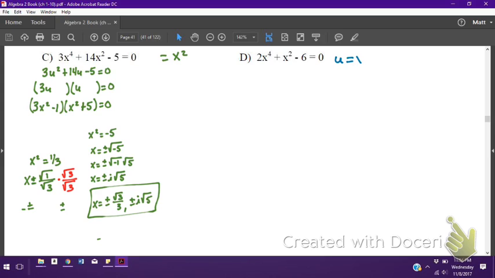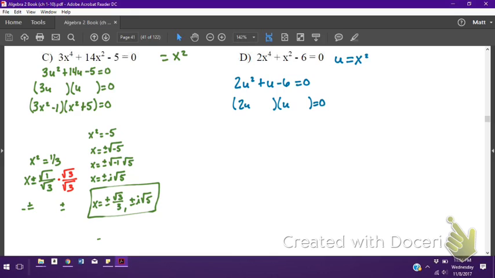Not sure what just happened to my screen there, but we'll go ahead and plug that back in. So we get 2u squared plus u minus 6 is equal to 0. And so we said 2u times u. Now I need negative 6.